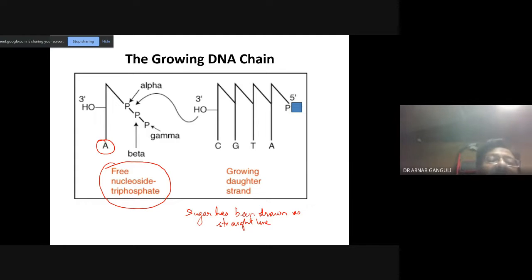This straight line is the sugar. This is the 3' OH, and this is the 5' phosphate. The first phosphate is known as the alpha phosphate, the second phosphate is the beta phosphate, and this is the gamma phosphate. So this is the nucleoside triphosphate. Specifically, this is dATP.